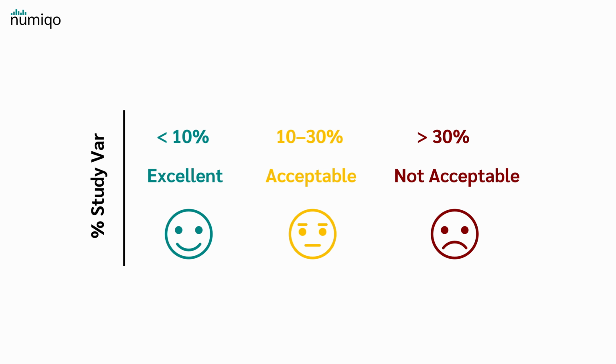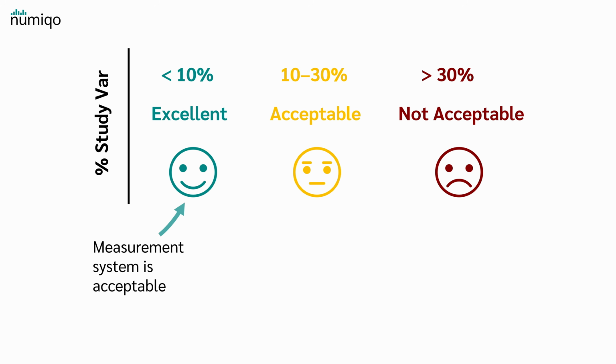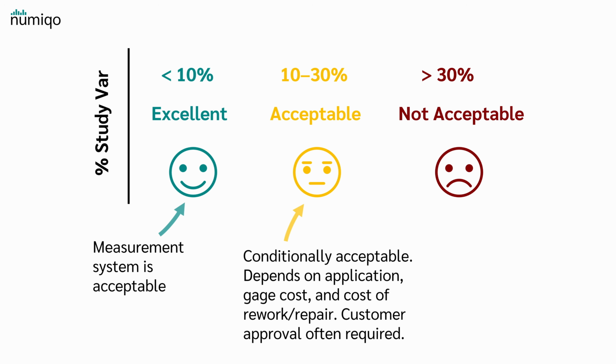For example, here is the Automotive Industry Action Group acceptance criteria for percentage study variation. Smaller than 10% means the measurement system is acceptable. Between 10 and 30% means conditionally acceptable, depends on application, gauge cost and cost of rework or repair, customer approval often required.